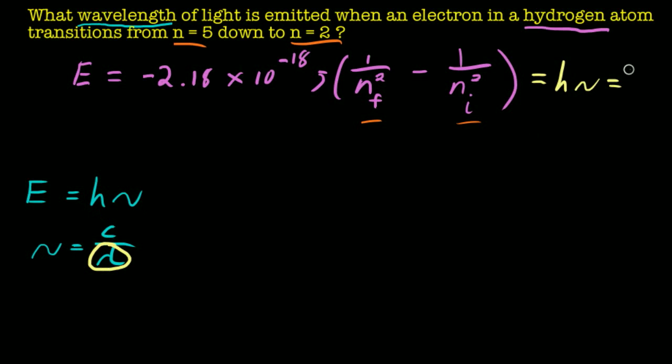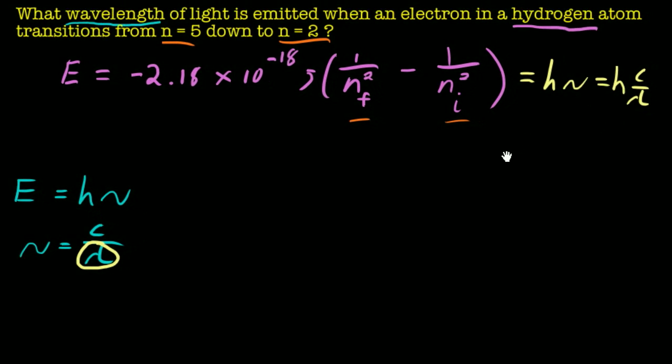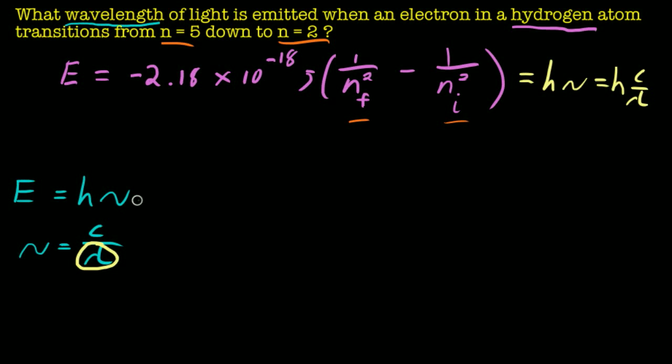So we can rewrite this as h times c over lambda, and lambda is what we're looking for in this equation. I'm going to erase this stuff down here to give myself a little more room. Okay, there we go. Now we've got everything we need, and I can start plugging in some numbers.